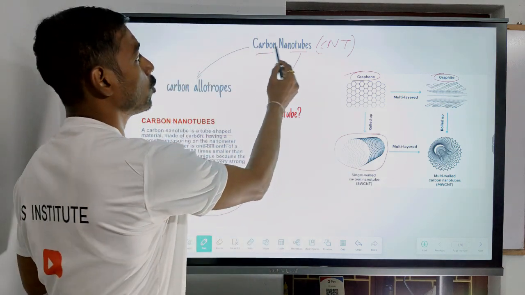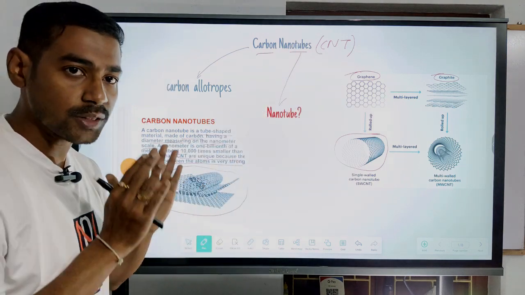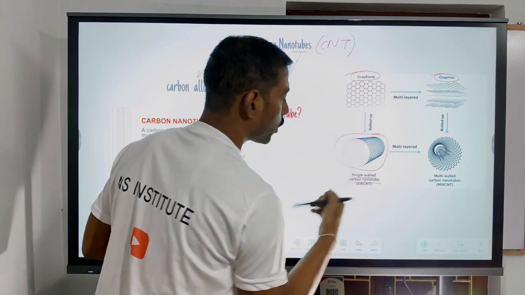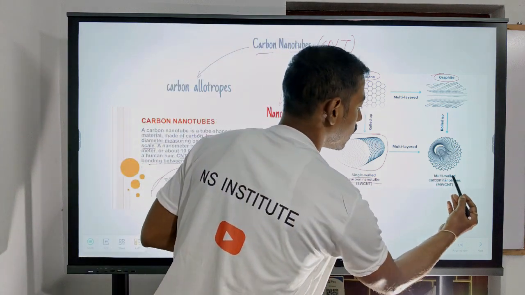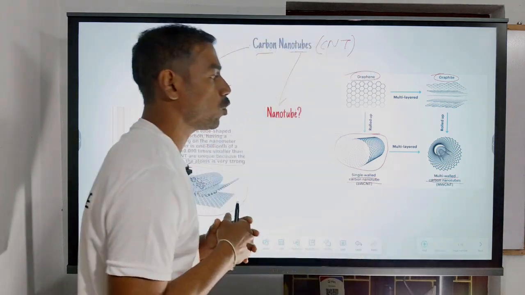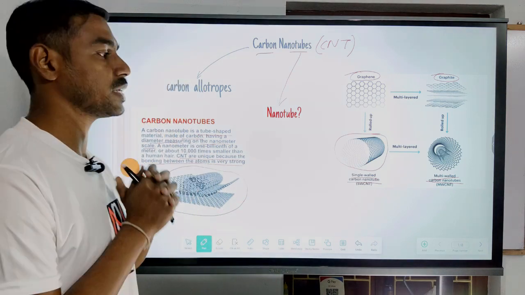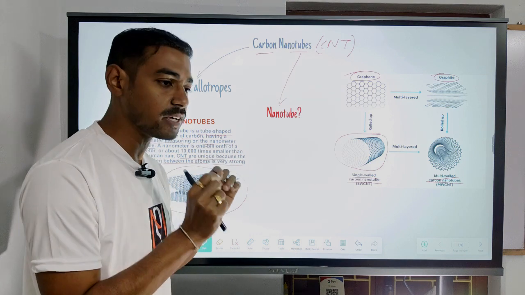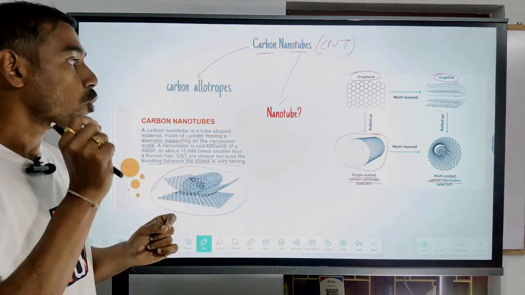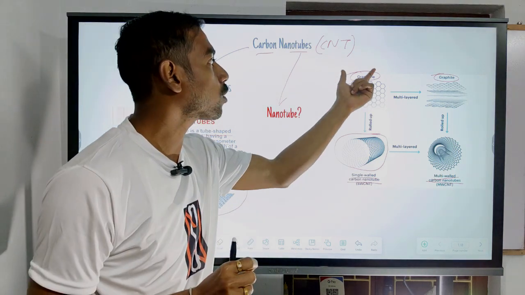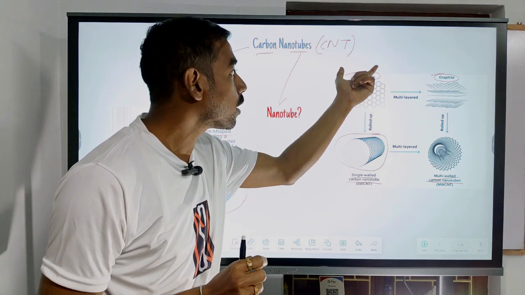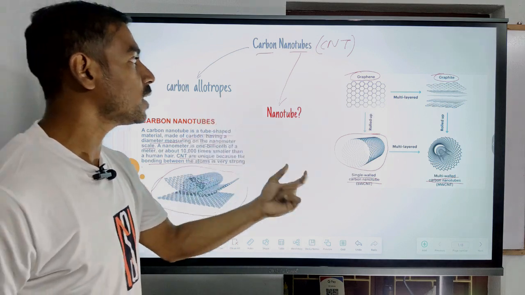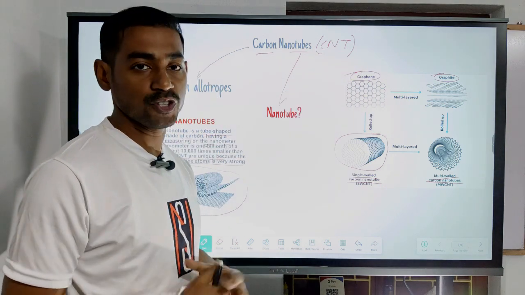Now these carbon nanotubes can be of two types. First one is the single walled carbon nanotube, and second one is the multi-walled carbon nanotube. What is a single walled carbon nanotube? It consists of only one graphene sheet in a cylindrical form, that is, a single cylindrical graphene sheet.